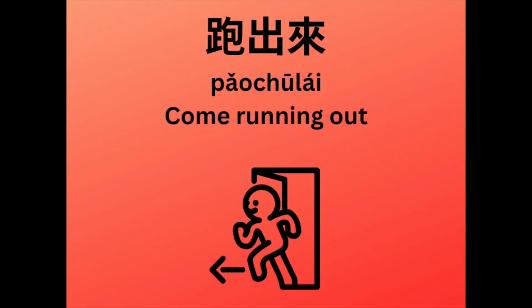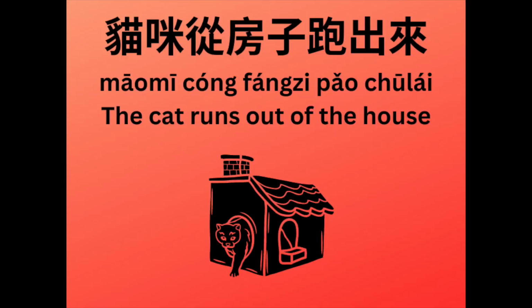The next one, 出来. 出来 means to come out. And you can say 跑出来. 跑 means to run. So 跑出来 means to come out running. A sentence, 猫咪从房子跑出来. The cat comes running out of the house. The cat ran out of the house.